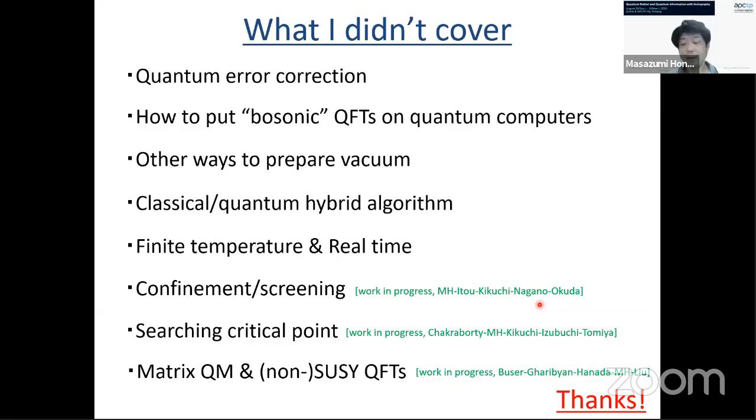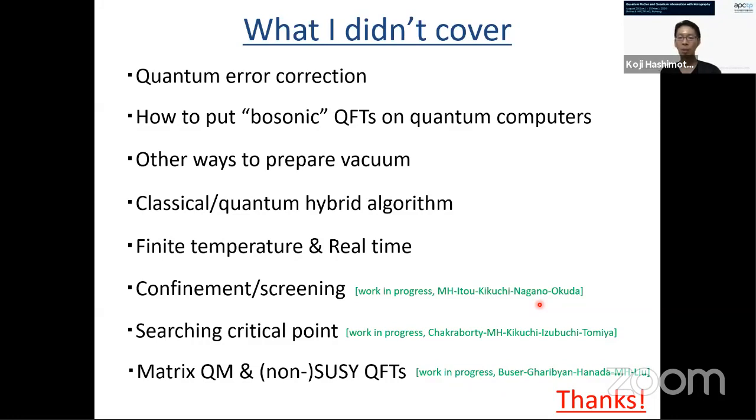Yeah. There are other groups studying, for example, 2+1 dimensional Yang-Mills theory. And in this case, since we have a dynamical gauge field, we need additional regularization.